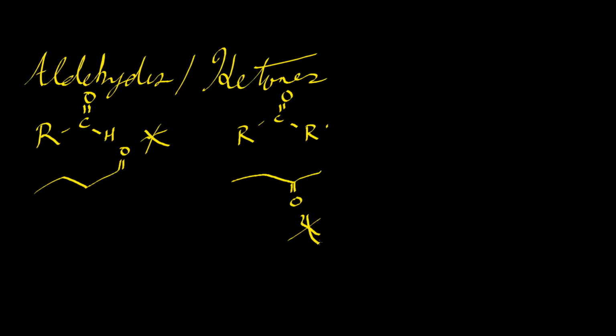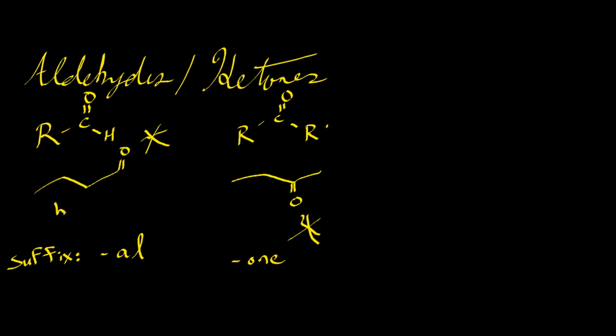You do also have the difference that they are treated differently when they have priority. As a suffix group, your aldehyde makes your main name end in AL, whereas your ketone makes them end in ONE, for OWN.